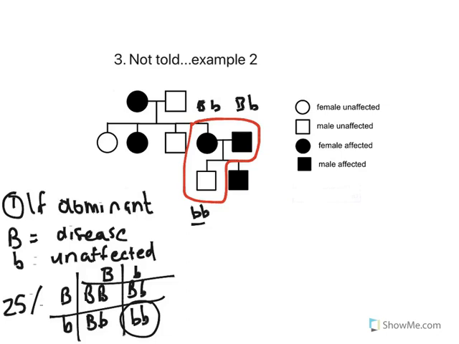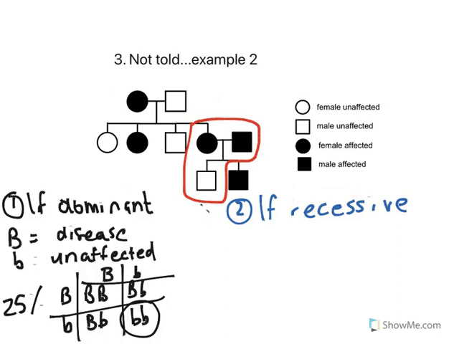Now let's look at the other scenario, that if this was recessive, would that be possible? So if the disease was recessive, would it be possible for two affected parents to have an unaffected child? So again, let's write out our annotation. Little b this time is affected or disease.